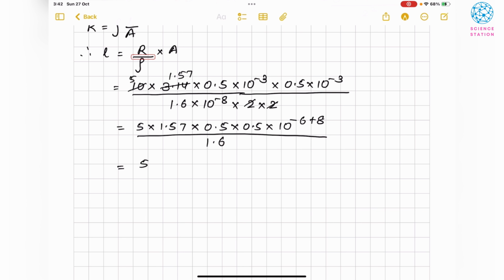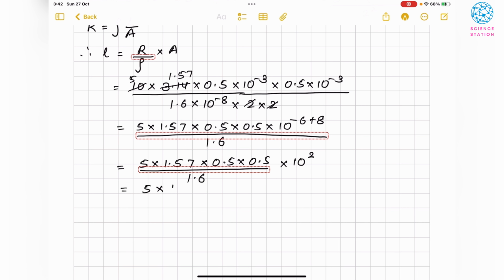So that is 5 into 1.57 into 0.5 into 0.5 upon 1.6 into 10 raised to 2. Now I am removing the point from 1.57 also. So 157 upon 100 into 5 upon 10 into 5 upon 10 into 10 square.